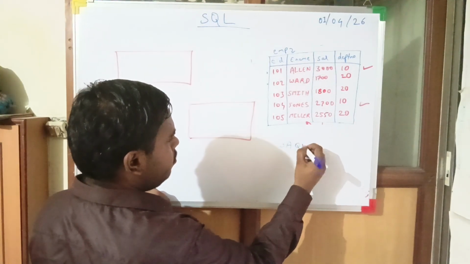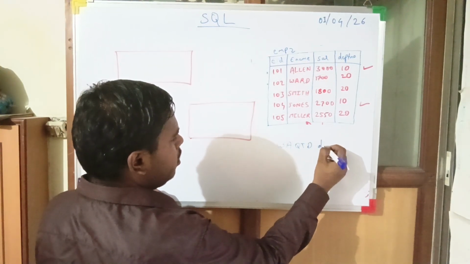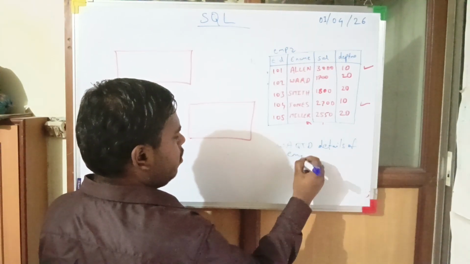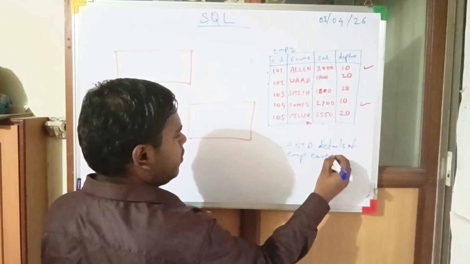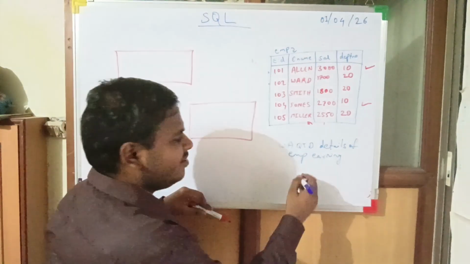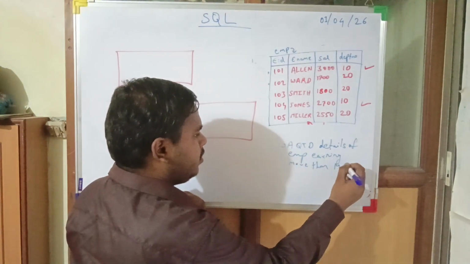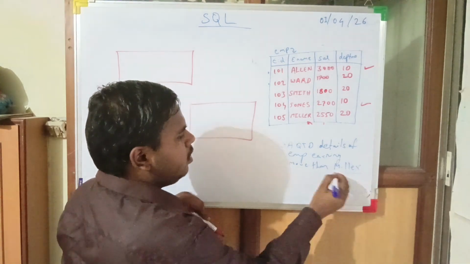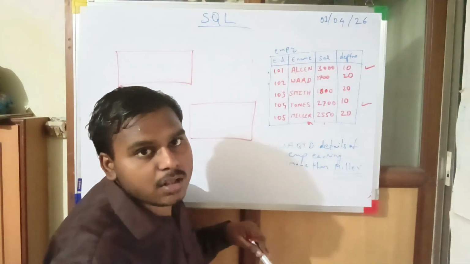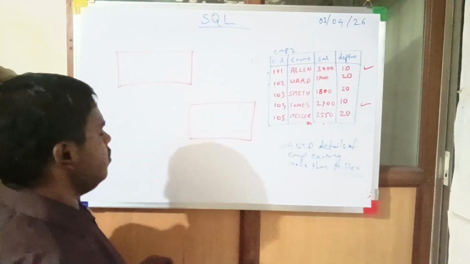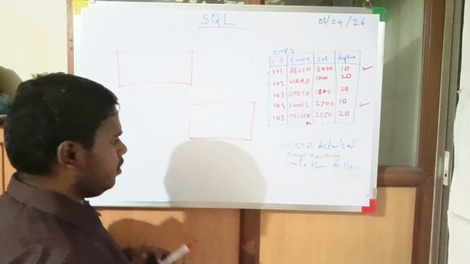Write a query to display details of employees earning more than Miller. Here the unknown is the salary of Miller. If I knew the salary of Miller, I could directly write the query. Now how the working principle works, I will explain along with the example.